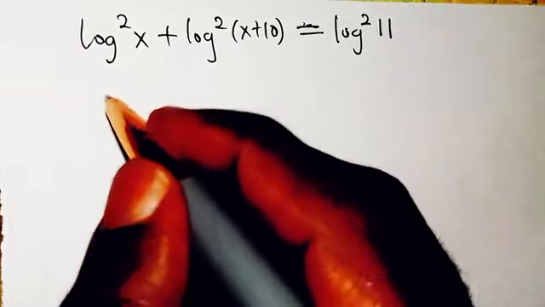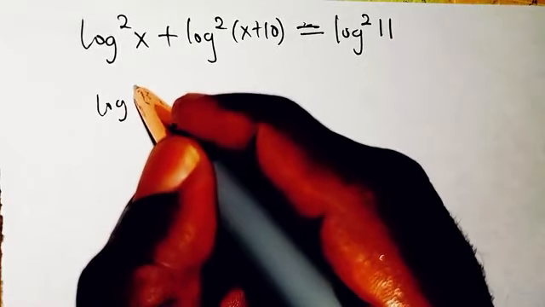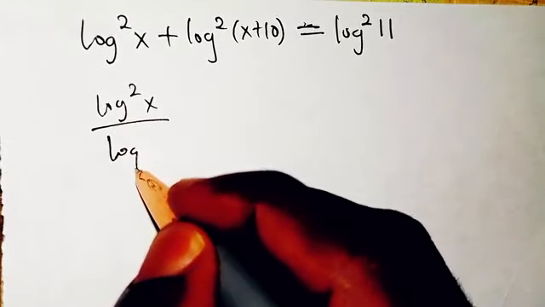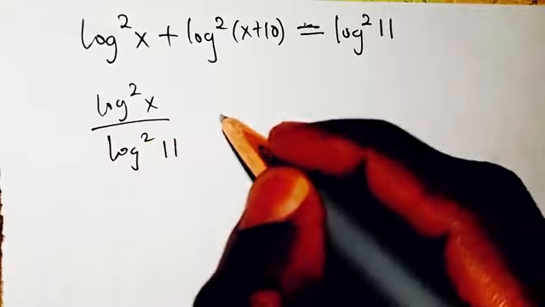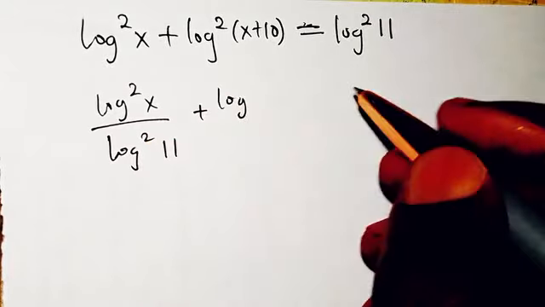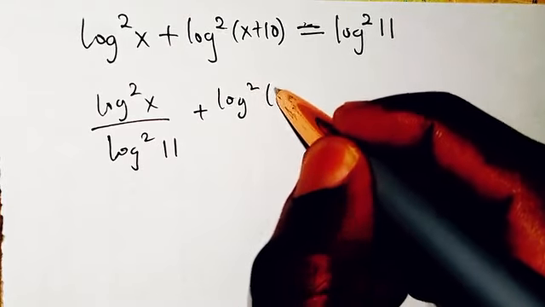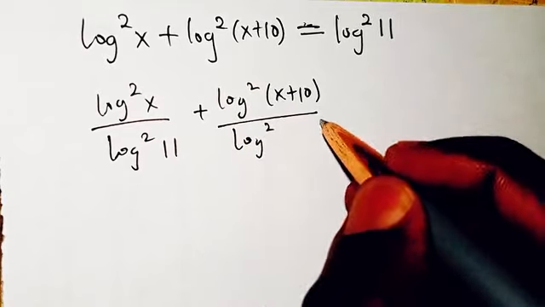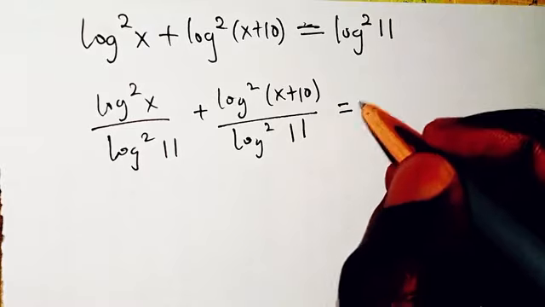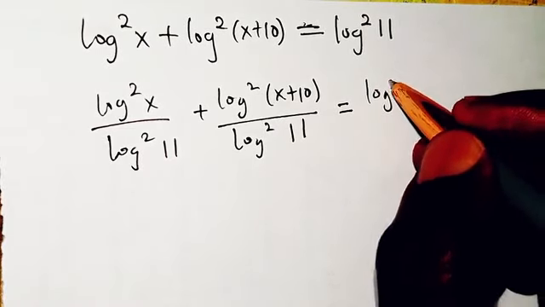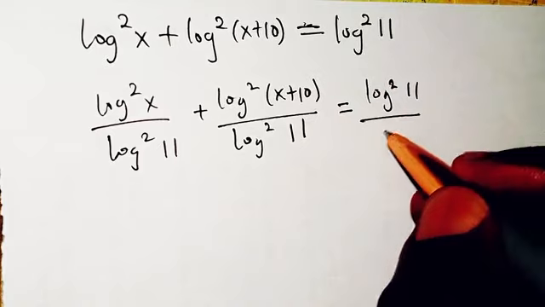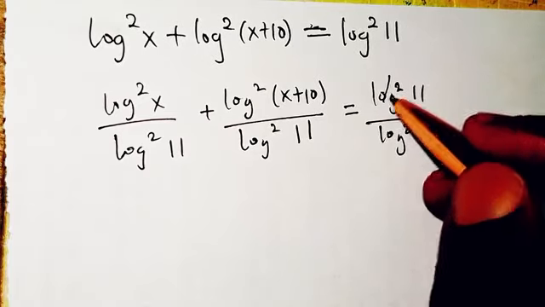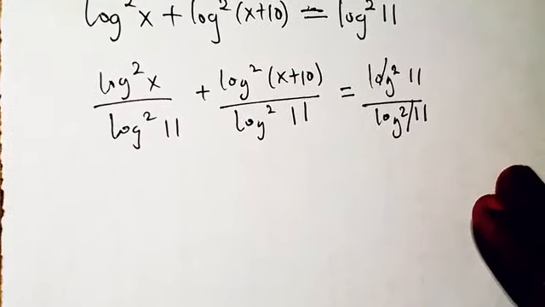So we have log x over log 11, plus log (x plus 10) over log 11, equals log 11 to the power of 2 divided by log 11 to the power of 2. We cancel this, and we're going to have 1.